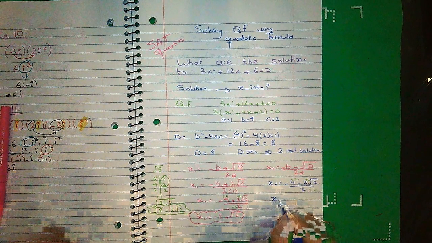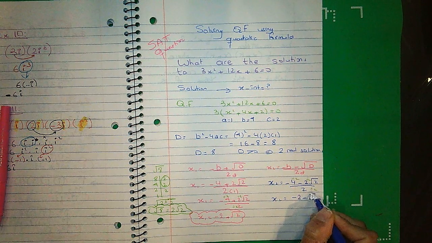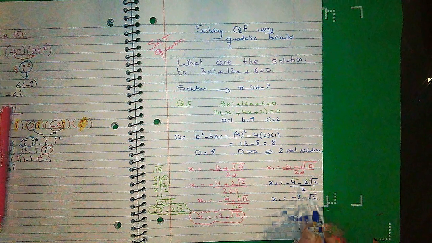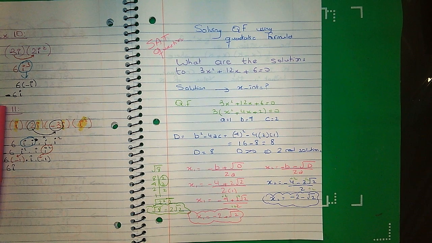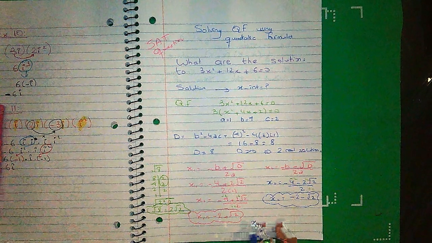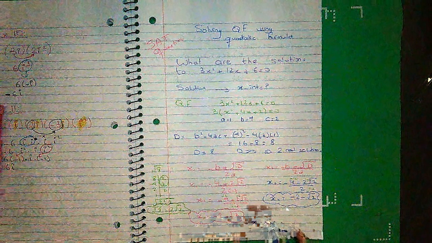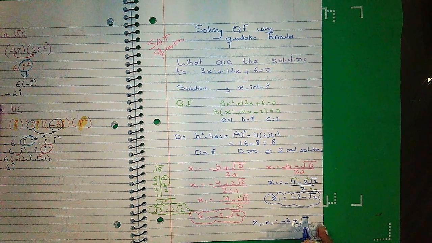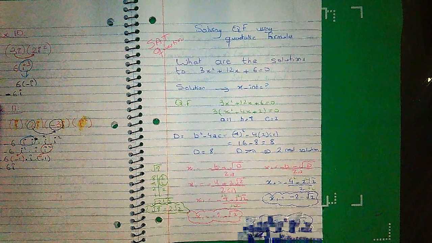So x2 is negative 2 minus square root of 2, again over 1, and we're not going to write the over 1. So this is my second solution. You can write the two solutions this way, or you can say x1, x2 is negative 2 plus or minus square root of 2, and this is going to be your answer.